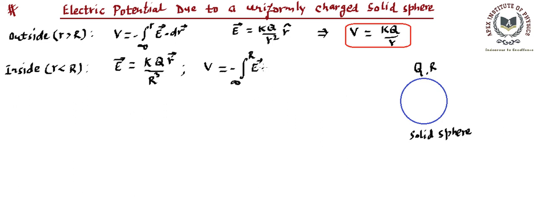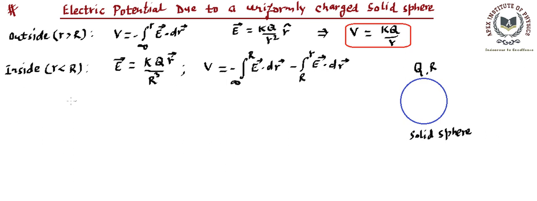So E dot dr, in this case the field used will be for the outside point, then minus integration from capital R to small r. That means the second part will use the field which is inside. So here we are using two expressions for integration. One will use the field from outside, and another will use the field from inside.